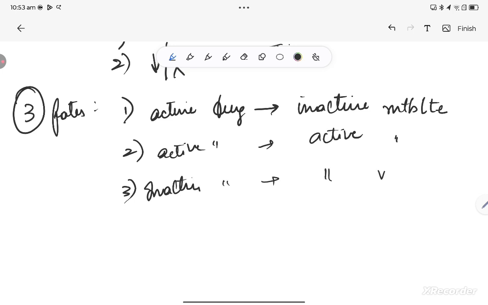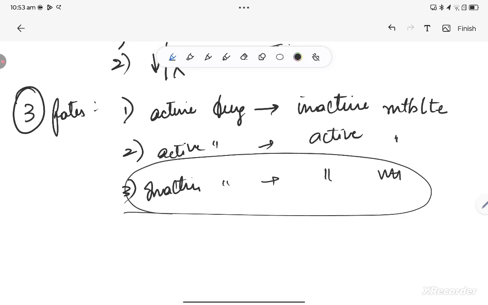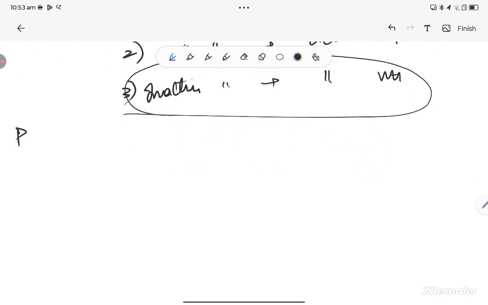active metabolite. This is something very important, very often asked in your theory questions. This is called a prodrug. What I mean by prodrug is an inactive drug gets converted into active metabolite. Why is this important?